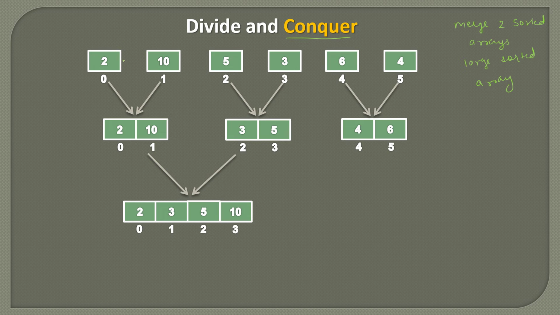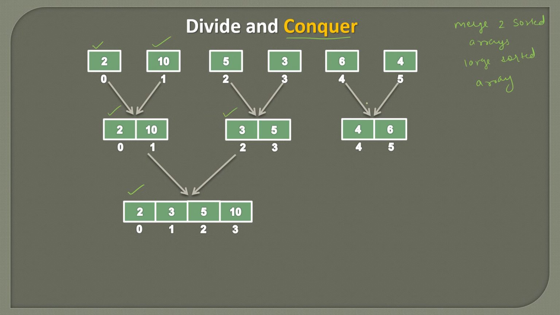So here you can see that this was a sorted array, this was a sorted array. We merged them in such a way that we got a larger sorted array. Similarly with this, we got a larger sorted array. And as this part was sorted and this part was also sorted, we merged these two sorted arrays as well. So we got this sorted array.